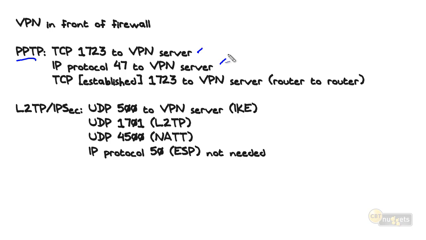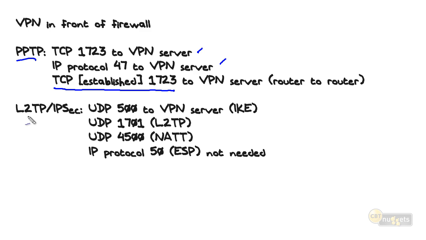And now those are needed regardless. If you are doing router to router, so site to site VPNs, as opposed to a client to site VPN, you also need TCP established 1723, meaning that once the connection is up, the firewall, which is going to have to be a stateful inspection firewall, has to allow an established connection to continue.